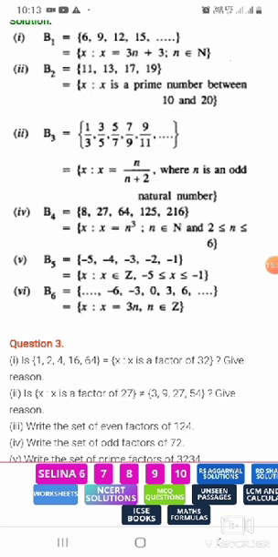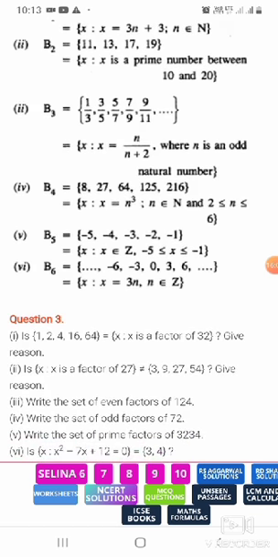So you can write like this. x is such that x is equal to n cube, and n belongs to capital N, and 2 is less than or equal to n less than or equal to 6 we are writing. So that you can write like this. So 2 cube, 3 cube, 4 cube, 5 cube and 6 cube. So 2 less than or equal to n less than or equal to 6, that has to be the condition.